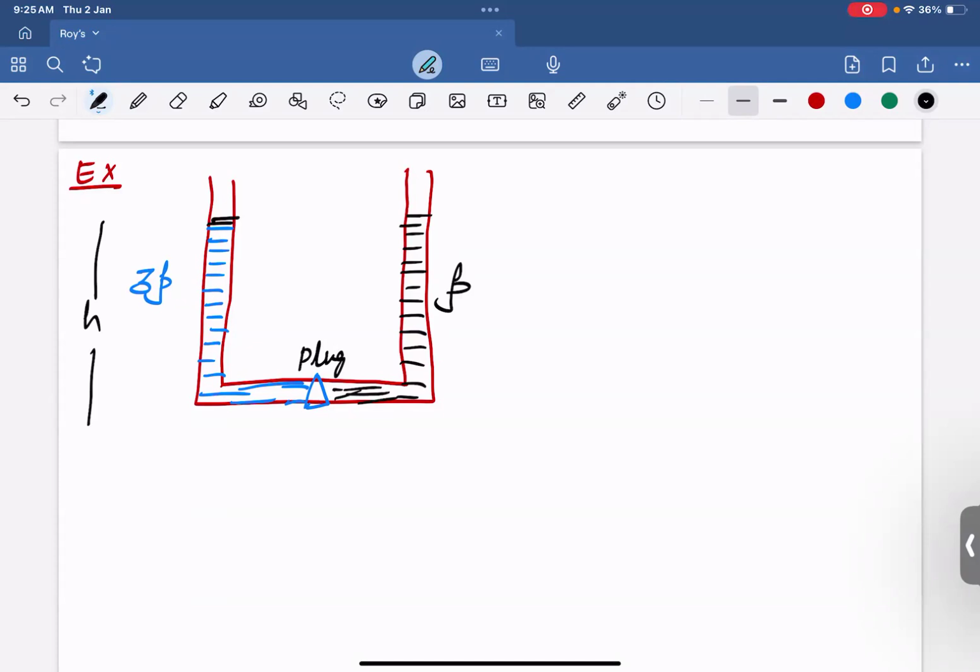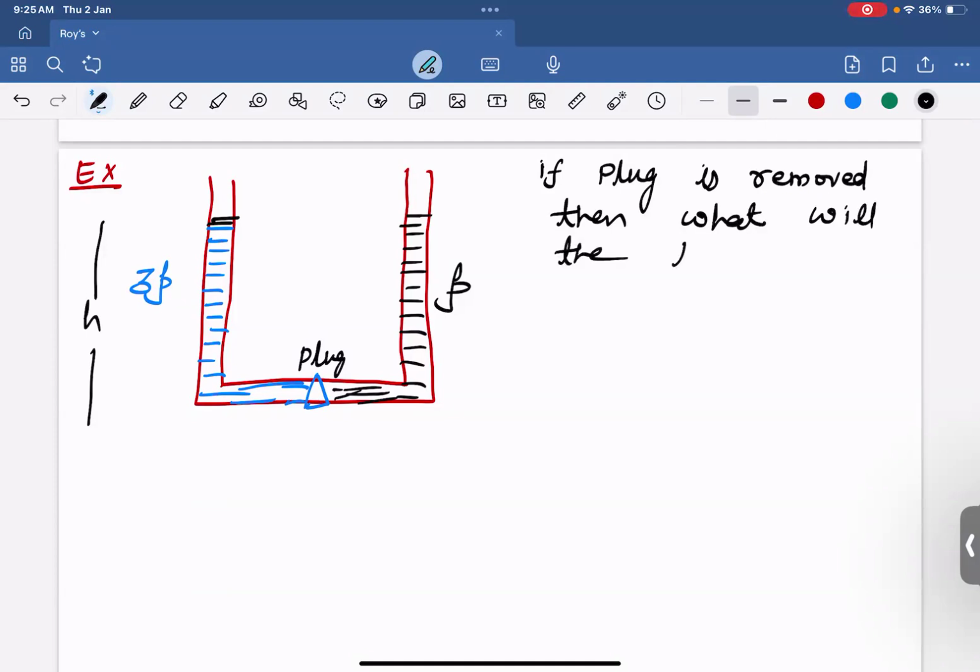So my question is, if the plug is removed, then what will be the level of liquids in both arms, left arm and right arm?